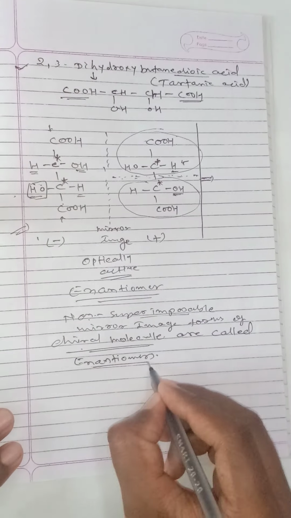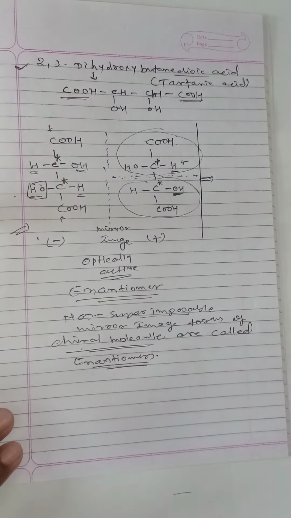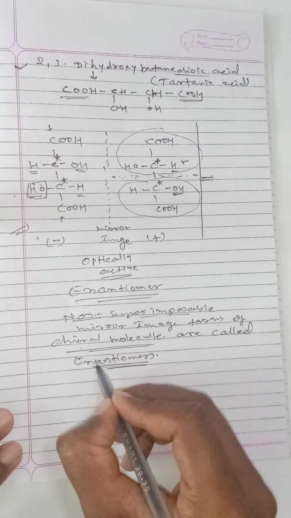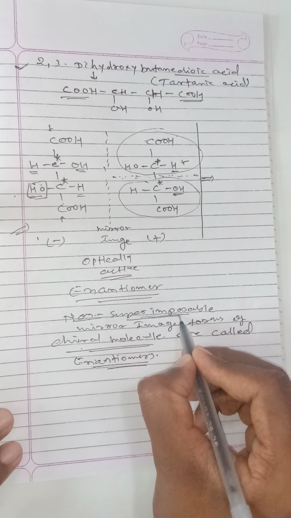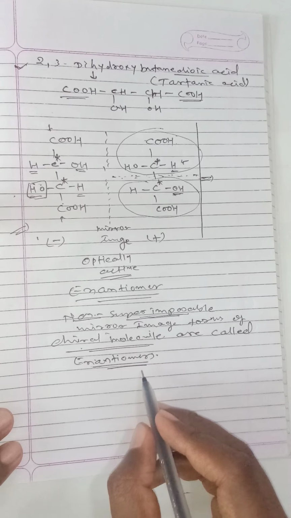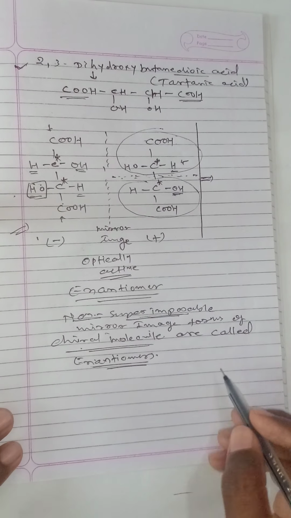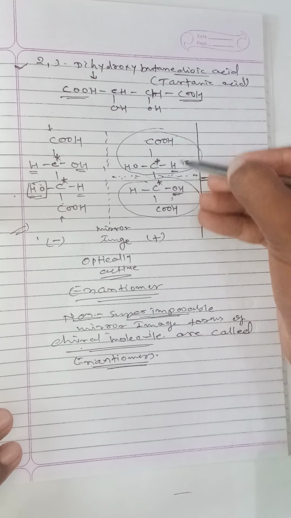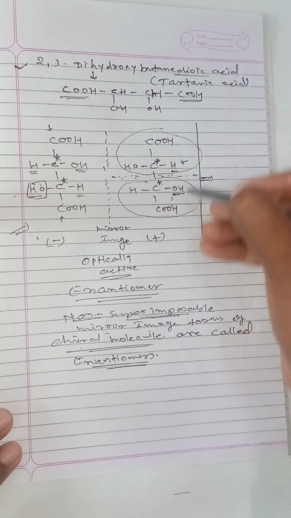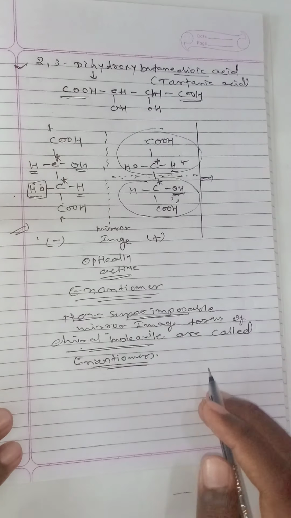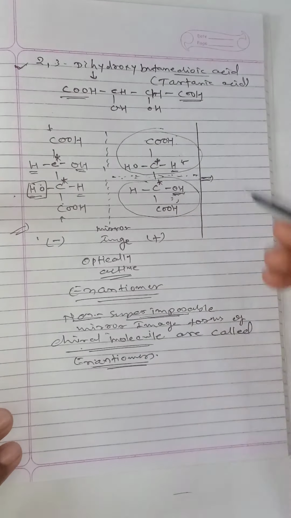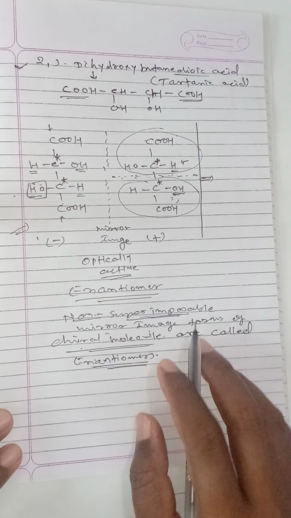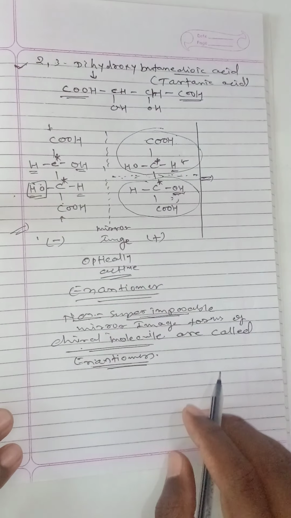So enantiomer and meso form. For enantiomers, non-superimposable mirror images; and meso form means the upper part and lower part of the molecule become equal, that means its internal mirror image, and it is called meso form.